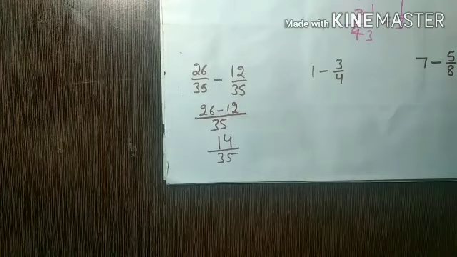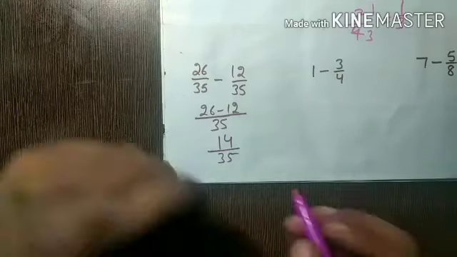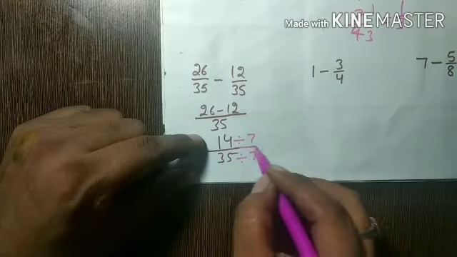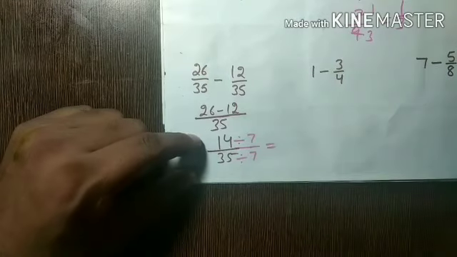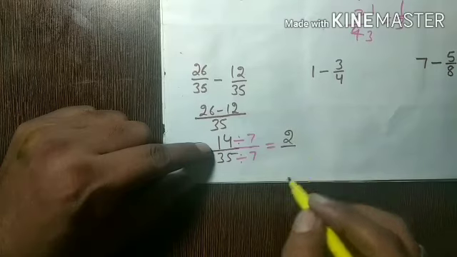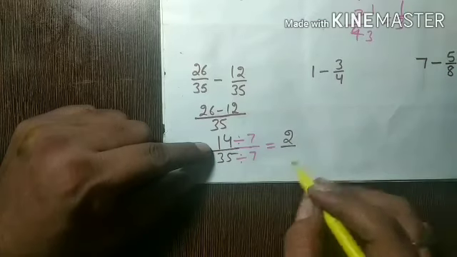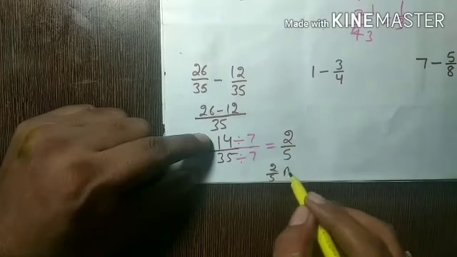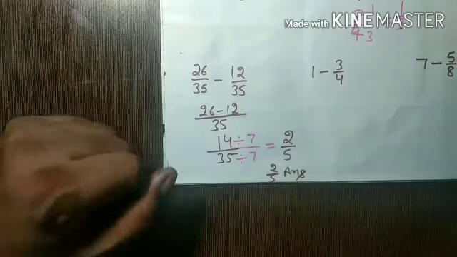Students, if you divide both 14 and 35 by 7, then you will get its simplest form. So I will divide both by 7. 14 divided by 7, the answer is 2, and 35 divided by 7, the answer is 5. So 2 by 5 is the final answer.